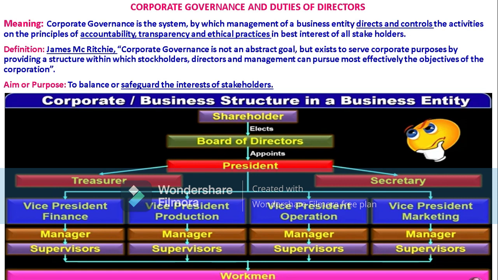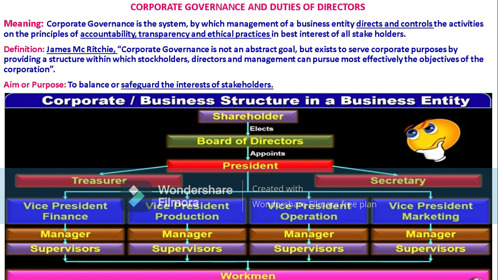Why? Because the corporate structure or corporate system is involved with the vision, mission, strategy. So the mission, objectives and policies are all on the basis of strategy formulation and implementation. All these are done by the board of directors, and also designing the organizational structure.